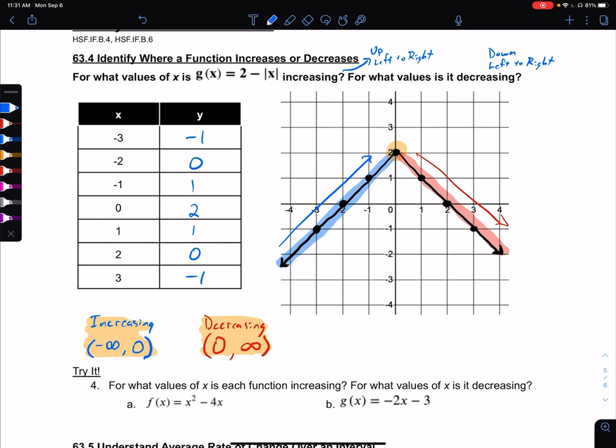Make sure that when you write the interval notation, you are using the x values. So this point 0, 2 is important. It's our turning point from increasing to decreasing, but we're not going to use that value of 2 in our interval notation, because we only care about the x value, which is 0. So do be aware of that. Do be careful. As long as you take your time with these and look them over closely, you will be okay.